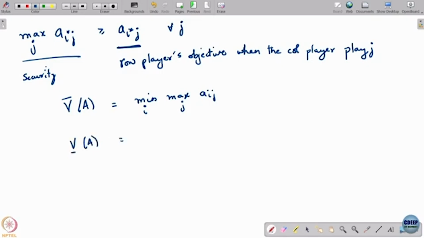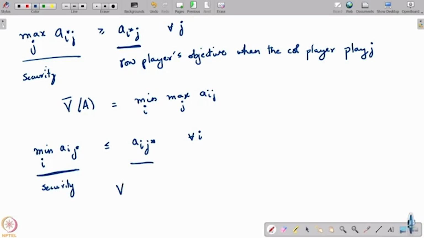For the column player, we had that the min over i of a i j star was always less than or equal to a i j star for all i, which means if the row player played any strategy, the column player was guaranteed to get a payoff greater than or equal to this left hand side security level payoff.